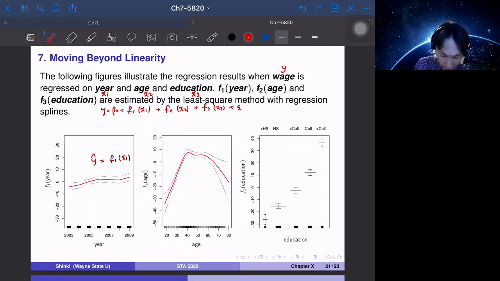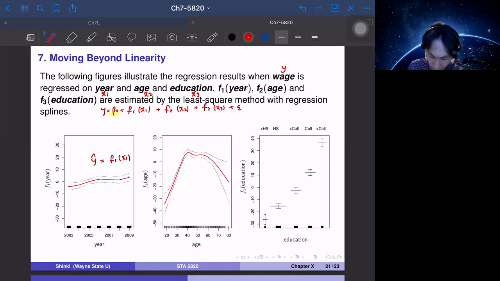So the wage is going up over years. In 2003, on average, this is -5. I don't know the scale, but on average this is 0 because we include an intercept here, and in recent years we have a higher average, in 2008 or 9.